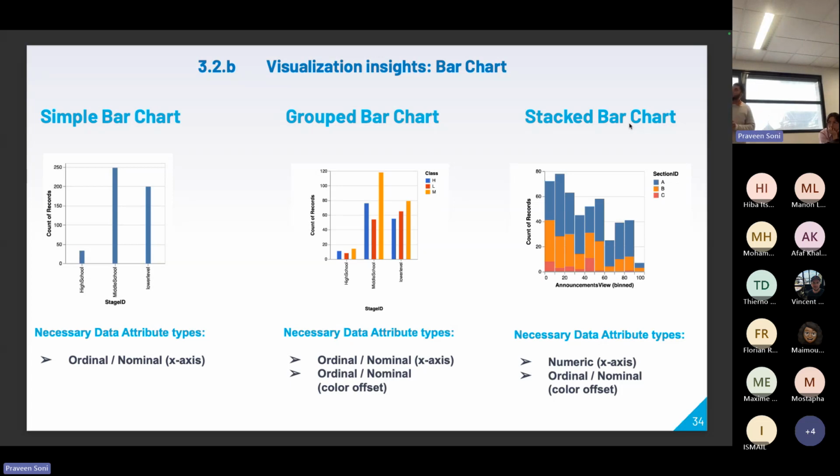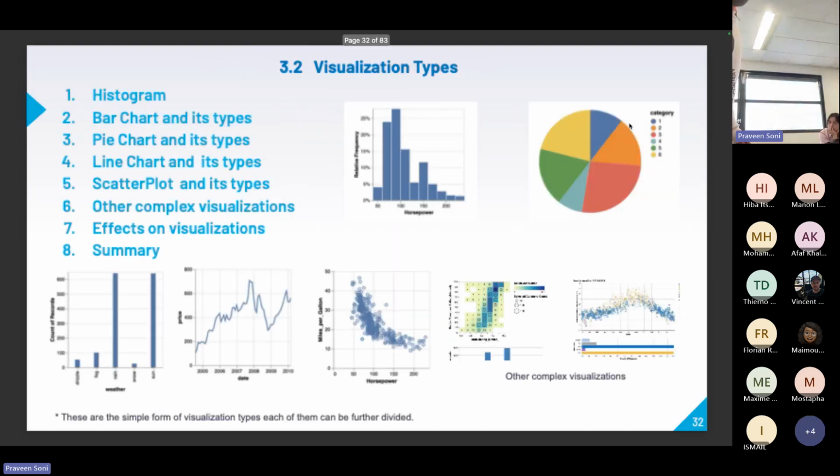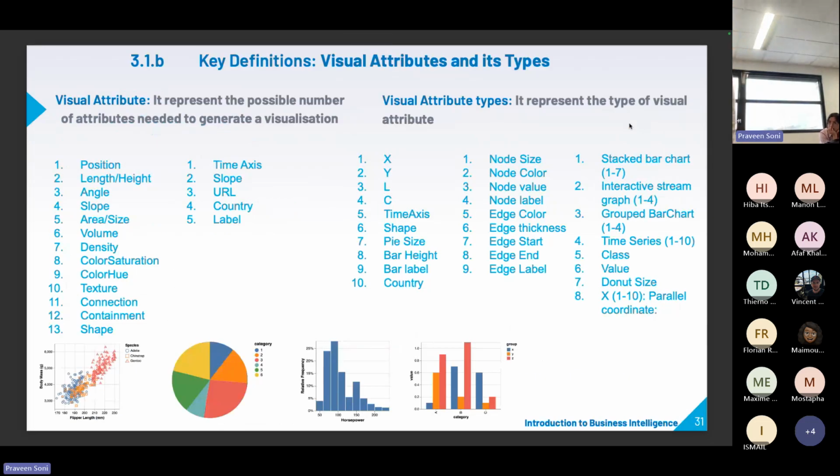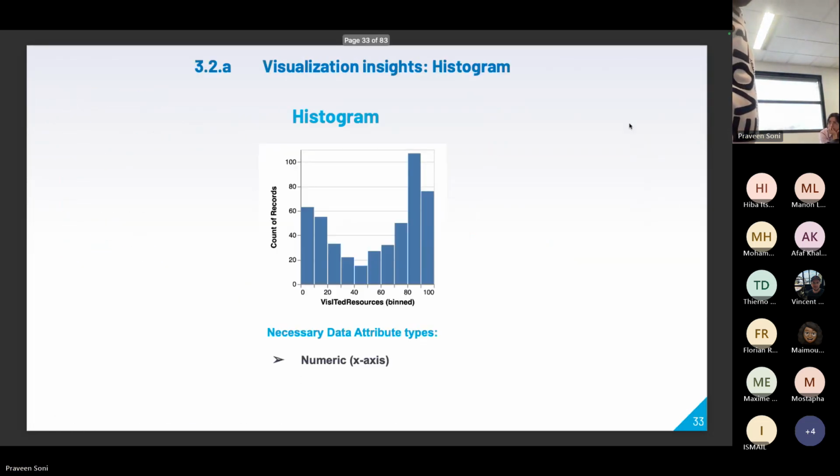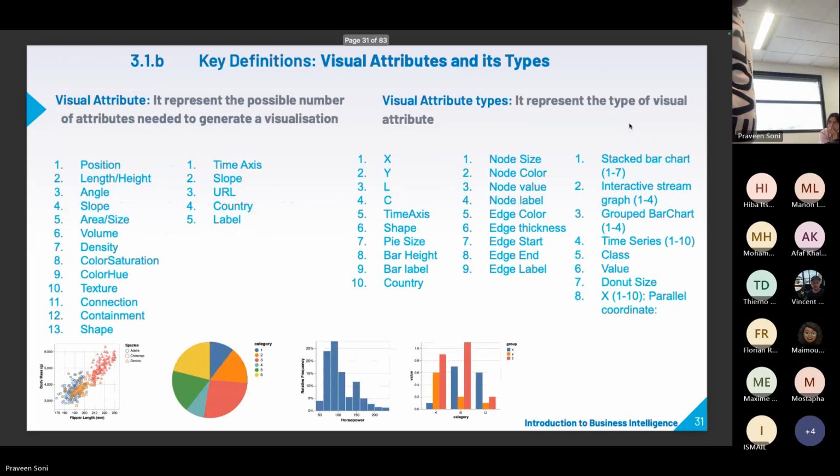No. So I have visual attribute types X, as we already saw here. Visual attribute types X, Y, and what is the third one you can see here? Anyone can tell me? L for length, C for color, don't forget.